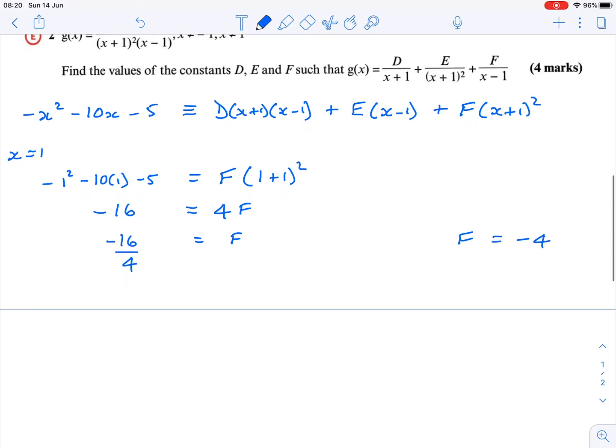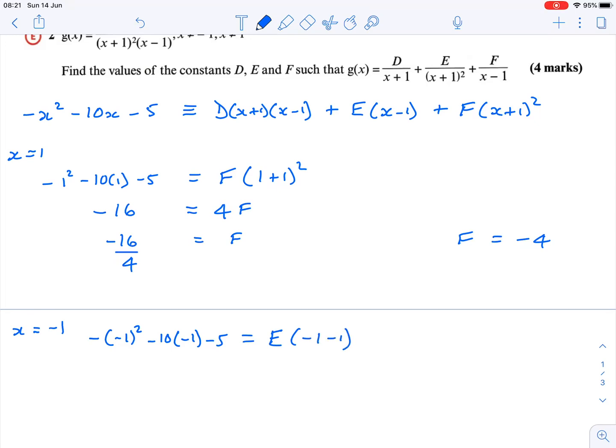Now we're going to put x equal to minus 1. And I get minus 1 squared minus 10 times minus 1 minus 5. And that is equal to, well, which brackets are going to go to 0? It's the one with the d and the one with the f. So we're going to be left with e, and we'll have minus 1 in the bracket.